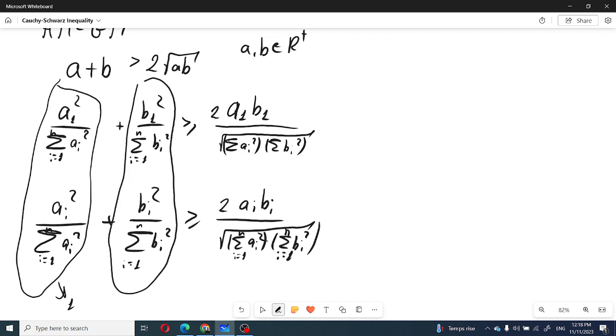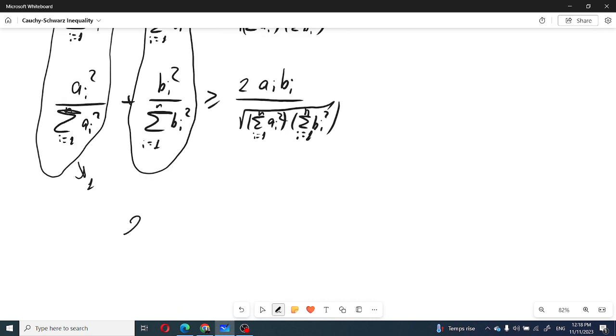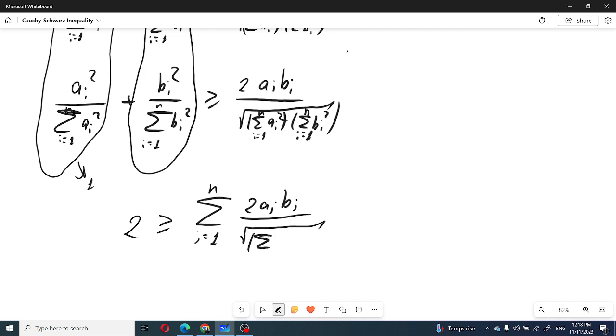So if we sum all this left hand side, we get that 2 is more than or equal to the sum, j equals from 1 to n, of 2 times aj times bj over the sum of the numbers squared, i equals from 1 to n, ai squared times bi squared, sum of the squares of bi.